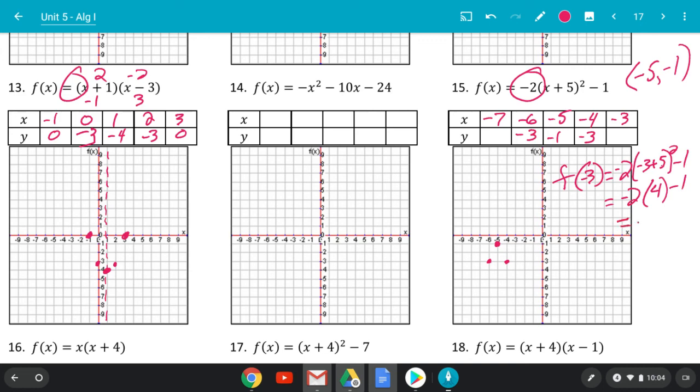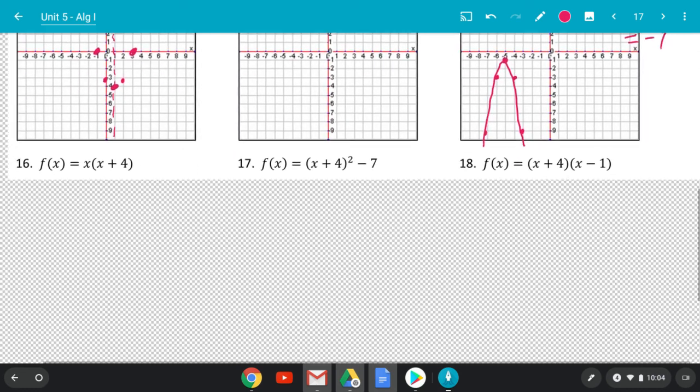Minus 1 is -9. So I got -3, -9, and -7, -9. There's my parabola. Rock on. Good? Last one, number 17.